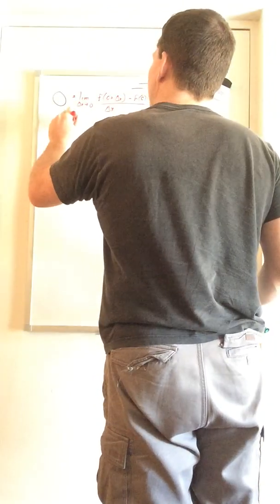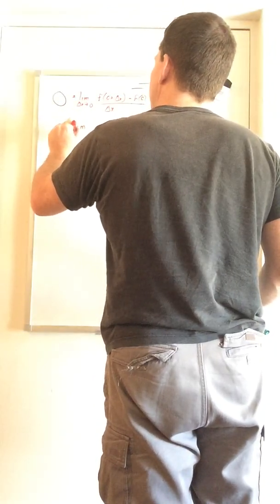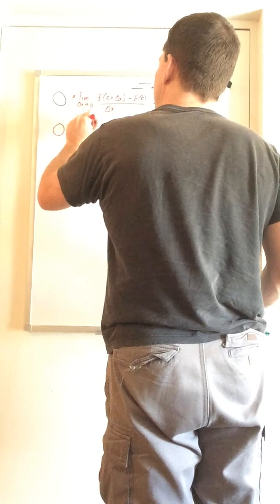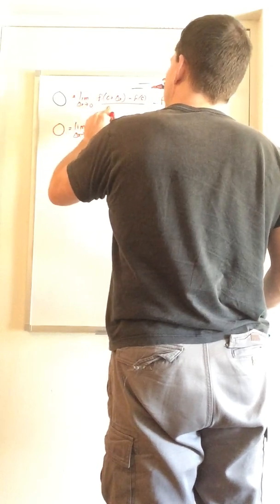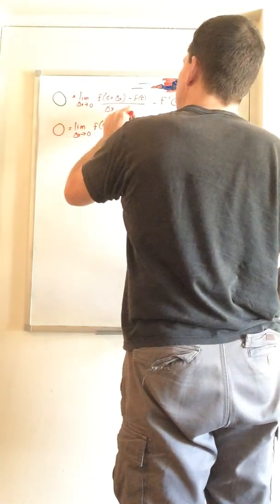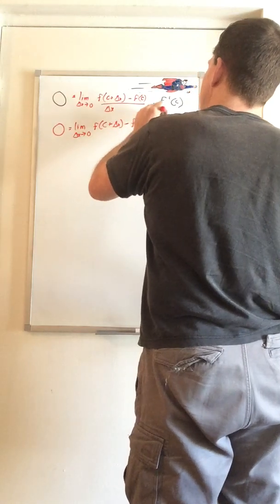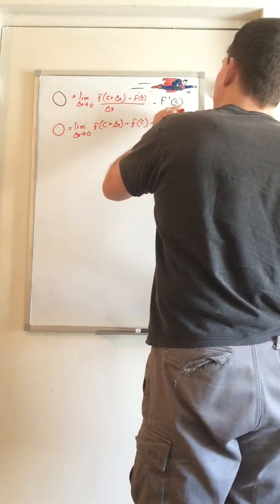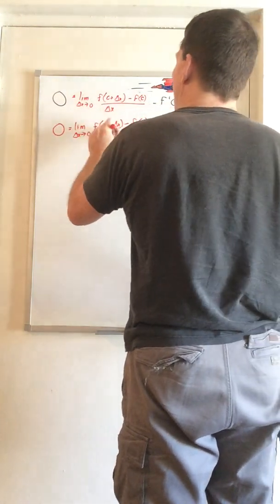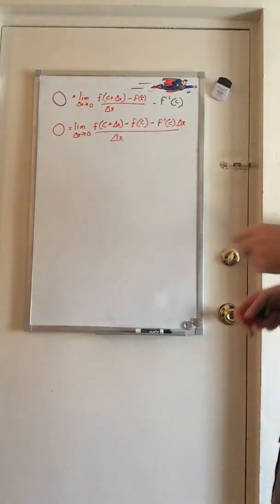And I get 0 equals the limit as delta x approaches 0 of f of c plus delta x minus f of c minus f prime of c times delta x, all over delta x.